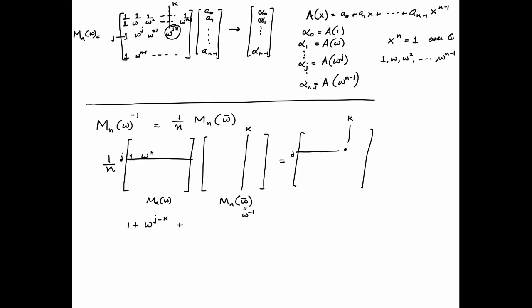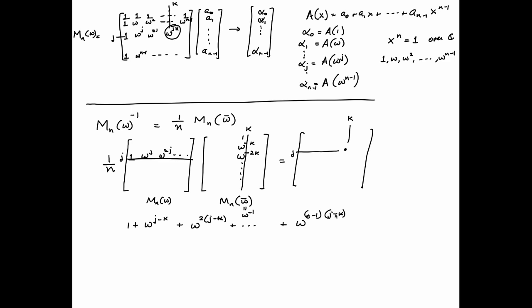This is 1, omega to the j, omega to the 2j, dot dot dot. This is 1, omega to the minus k, omega to the minus 2k, dot dot dot. So the next thing we'll get is omega to the 2j times omega to the minus 2k. So you get omega to the 2 times j minus k, all the way up to omega to the n minus 1 times j minus k.